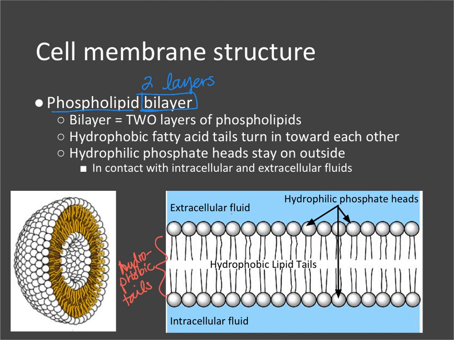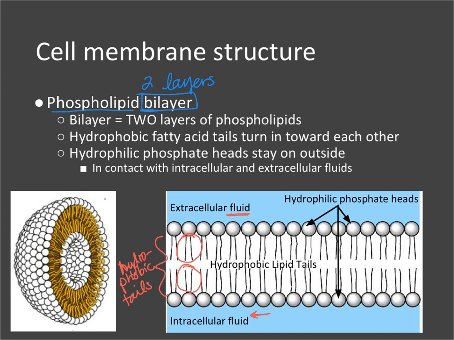So if we have extracellular fluid outside the cell and intracellular fluid inside the cell, then those tails are going to be repelled by that water. So they're actually going to turn away from the fluids and turn in towards each other. This is the hydrophobic tail of one phospholipid. These are the hydrophobic tails of another phospholipid.